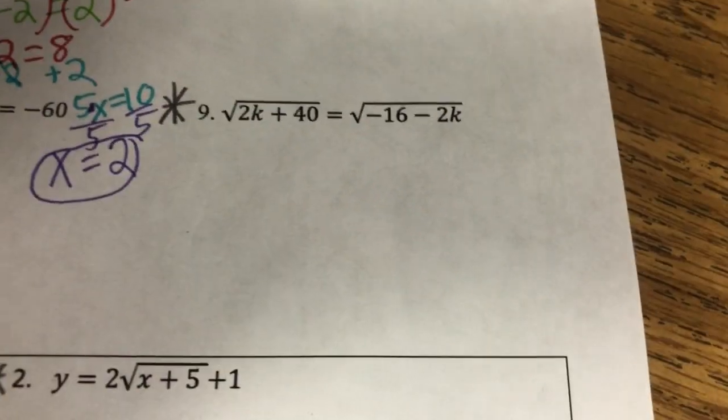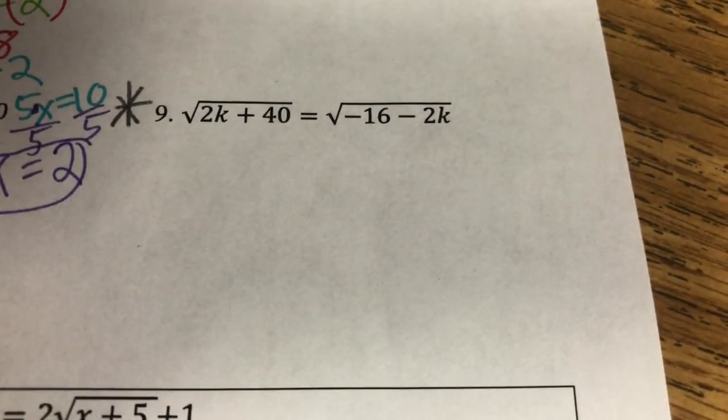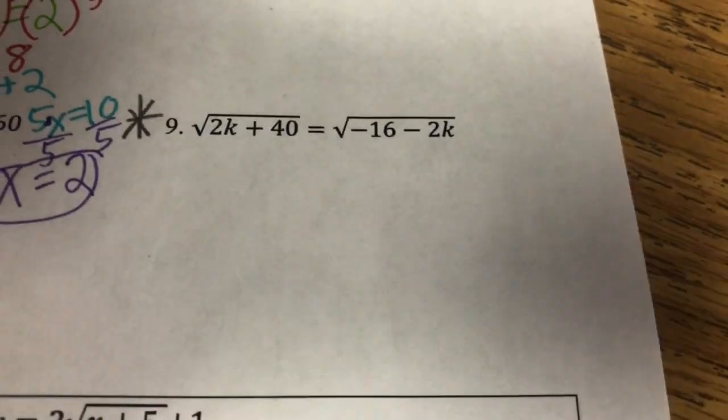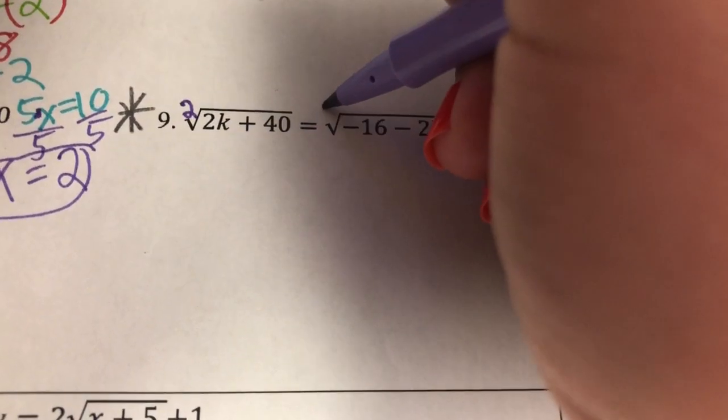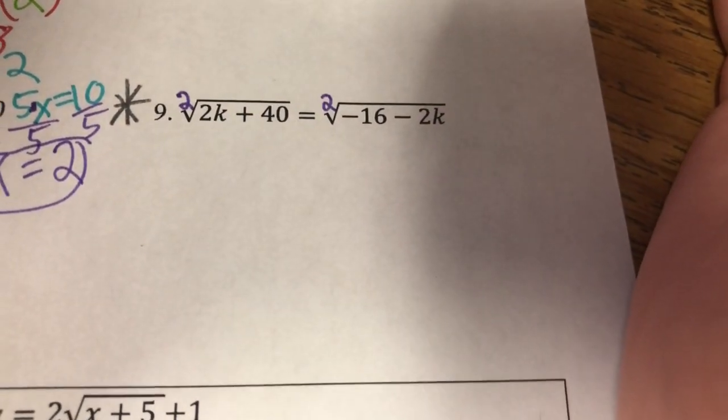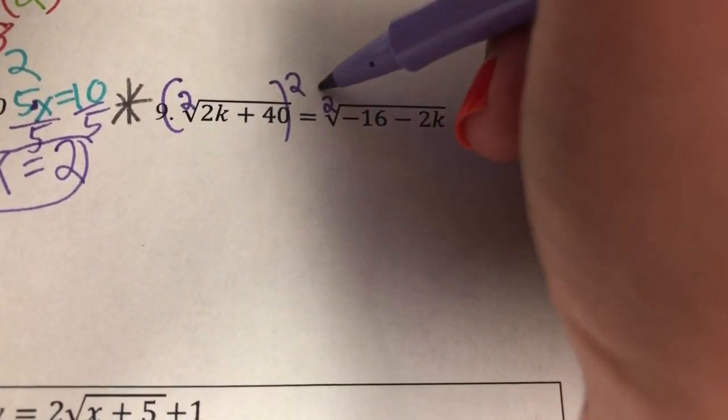Number 9. So, number 9, our radicals are by itself. So we've got to realize our indexes are 2, or understood 2. So to get rid of the radicals, we're going to square both sides.